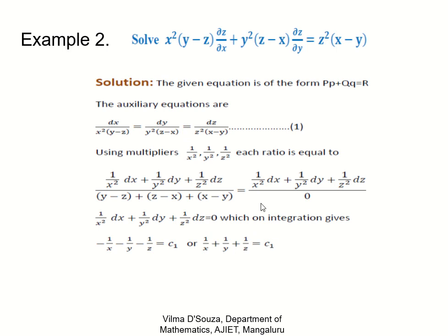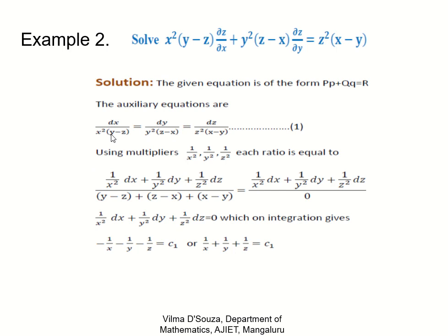How do you get the other solution? What may be the other multipliers you can use? As I told you, you have x square y and here y square x.